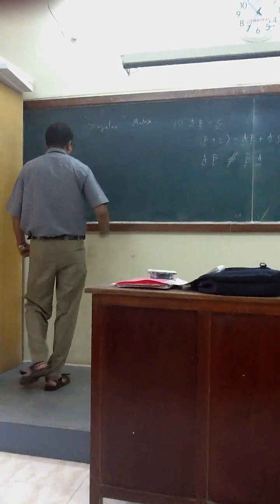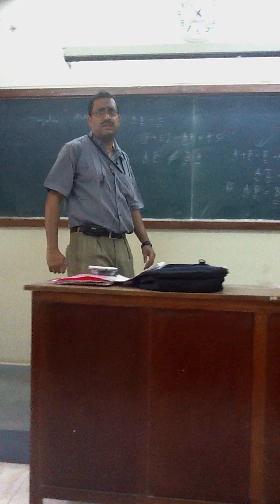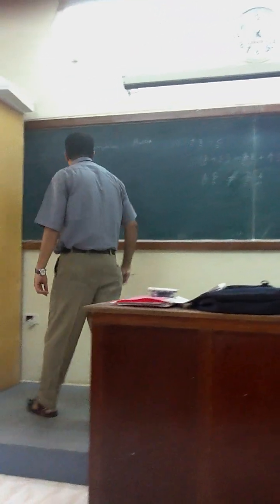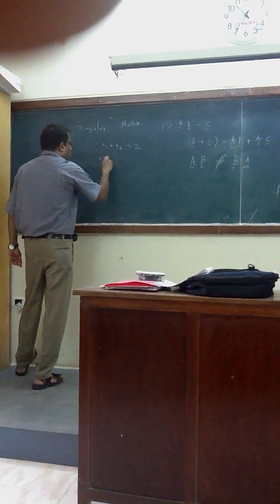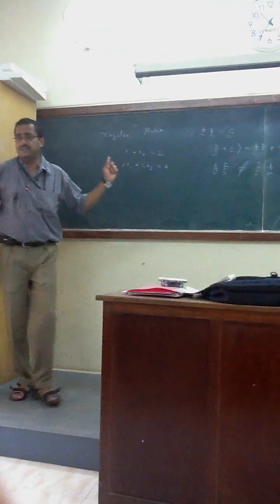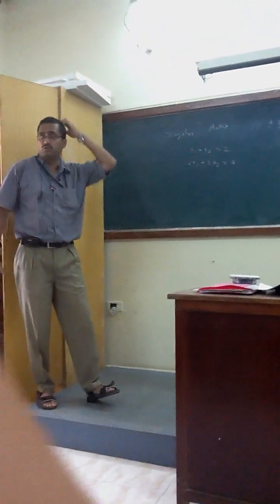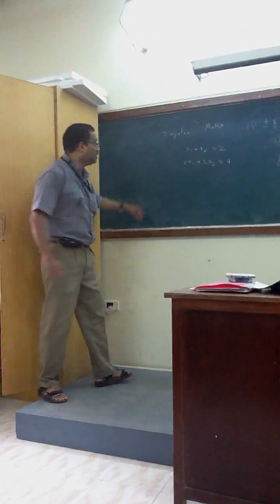Talking about singular matrices, we learned this in 7th standard mathematics. How? x1 plus x2 equals 2, and 2x1 plus 2x2 equals 4. Your school teacher would have been shocked: such a simple system and getting an answer is so difficult.